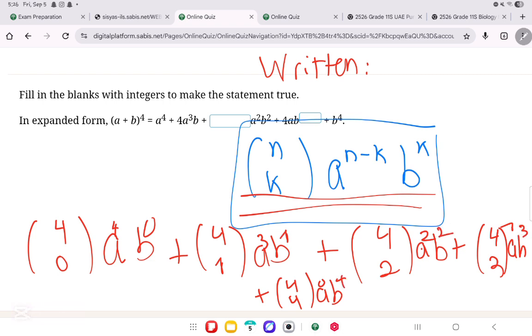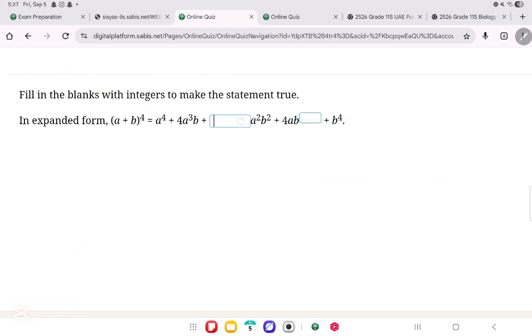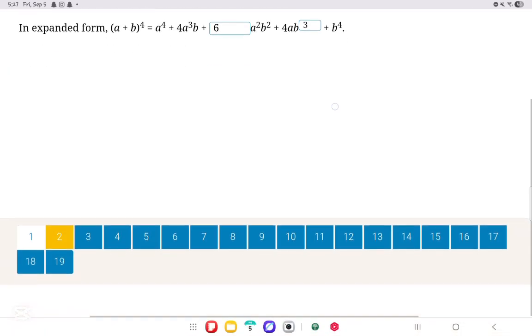Now anything to the power of 0, you will remove it. And one thing to know, if you have n combination 0 or n combination n, they will both be equal to 1. So that's why you don't really need to put them. You can remove them and write it like this in the written part, okay? So for this one, what is the answer? For this one, the answer is 6 and 3.